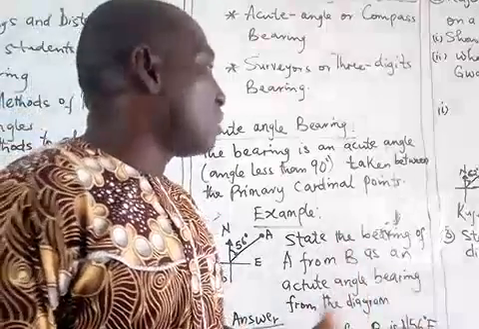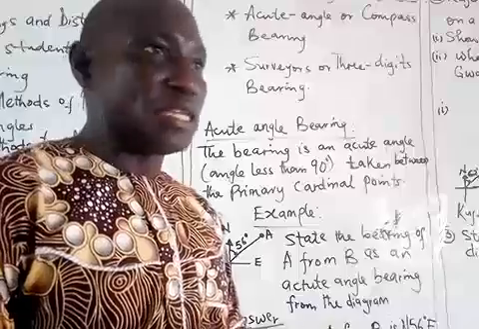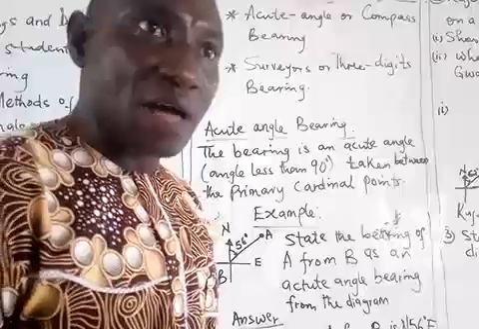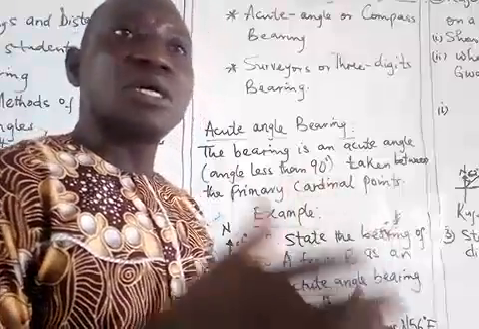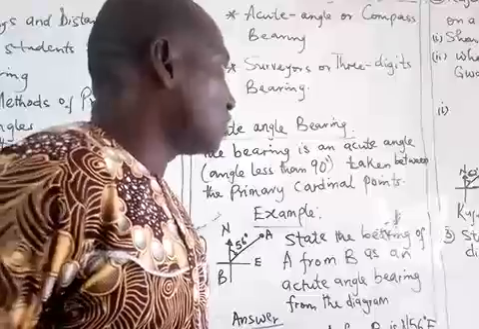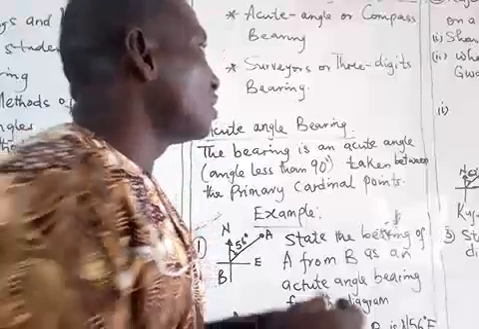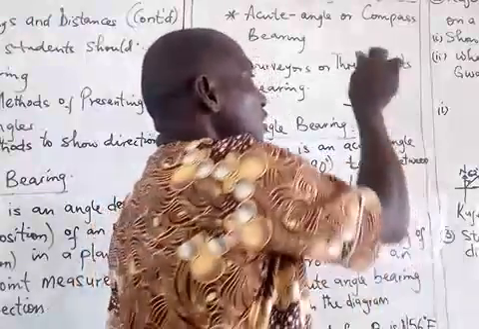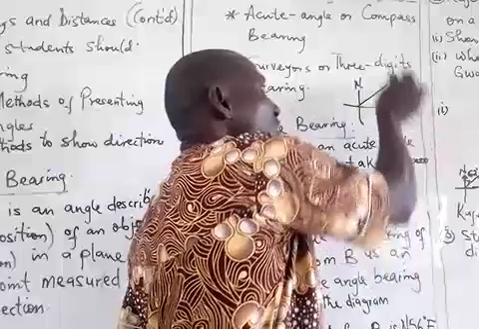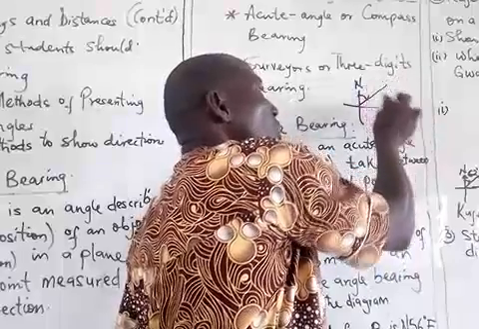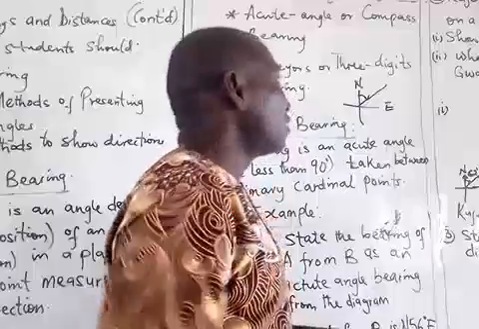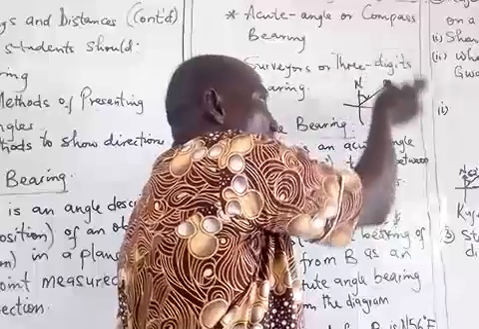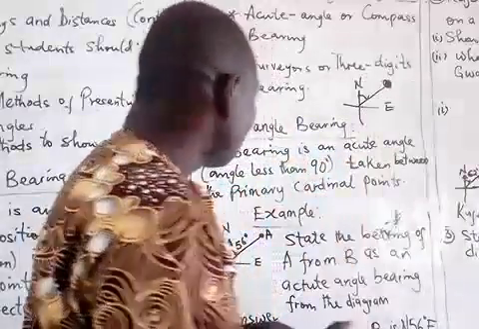This type of bearing is taken between the primary cardinal points, which we have already explained. I may talk of the north and the eastern direction. If I take the bearing this way, a point located here is measured between the north and the eastern direction.